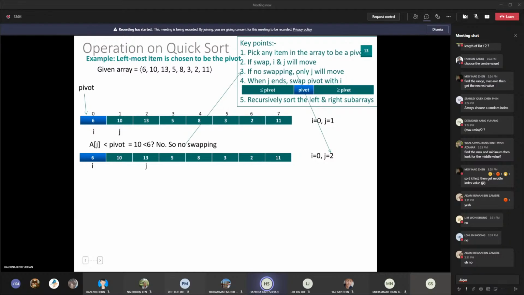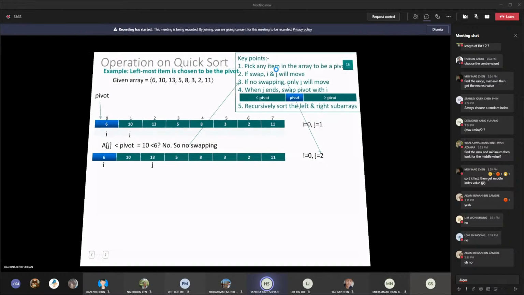Then next, we have not reached key point number 4 yet because j ends. J ends means j is being kicked out from the array. At the moment j is still here, so we need to repeat 2 and 3.